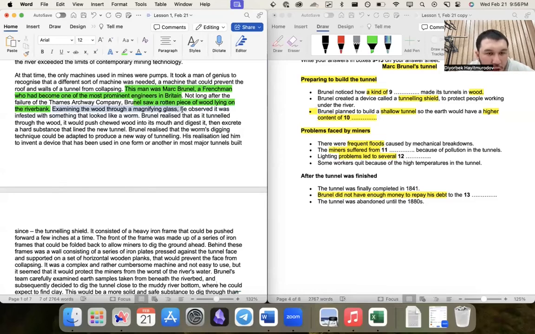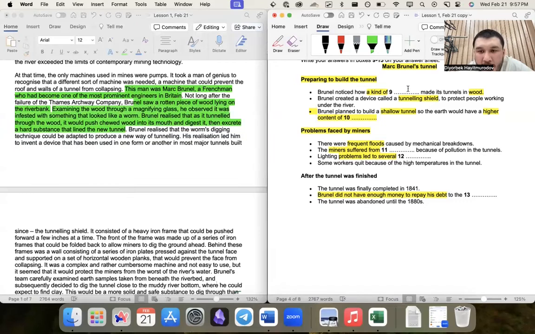Lupa bilan qaraganda yog'ochga, he observed that it was infested with something looked like a worm. Ichida worm bor ekan, hasharot. Brunel realized that as it tunneled through the wood, it would push chewed wood chiqib tashqariga chiqarib yoritgan ekan.